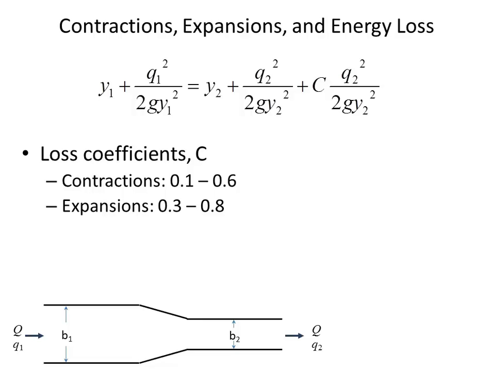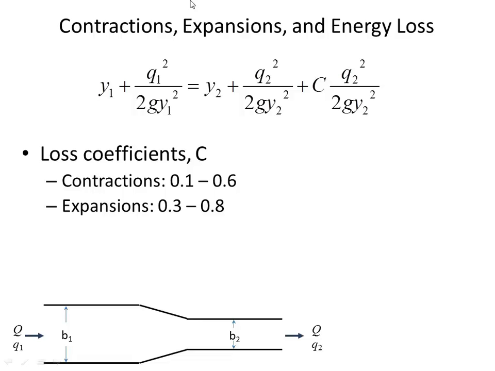Remember, in local losses, what we had was K, some K value multiplied by the velocity head. And that's what accounted for energy losses due to like an expansion, for example, or a valve, or a change in direction. When it came to pipe flow, we'd have K v squared divided by 2g. That's how we accounted for energy losses. We do the same thing here.